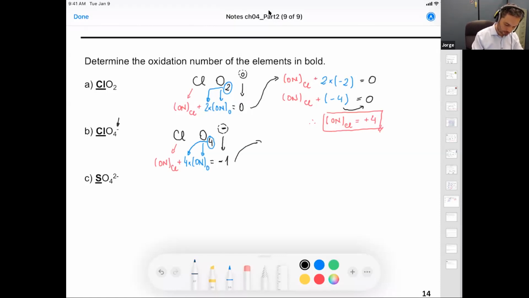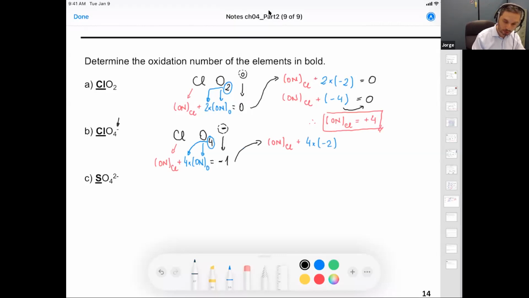Let's move this over here. Let's replace what we know and leave what we don't know. The goal here is to determine the oxidation number of chlorine, and we know that the oxidation number of oxygen is -2.